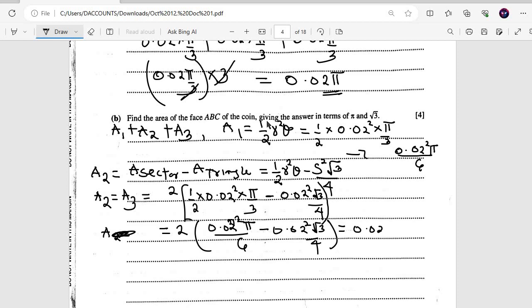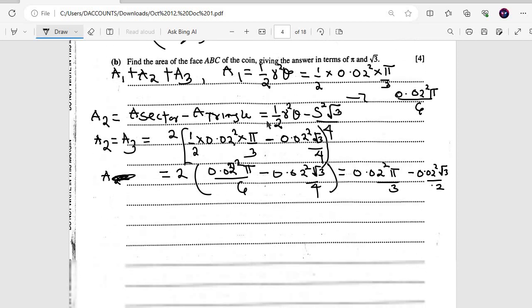I have 0.02 squared pi over 3 minus 0.02 squared root 3 over 2, if I'm correct. So let me check it. This pi over 3, the other one is root 3 over 2.